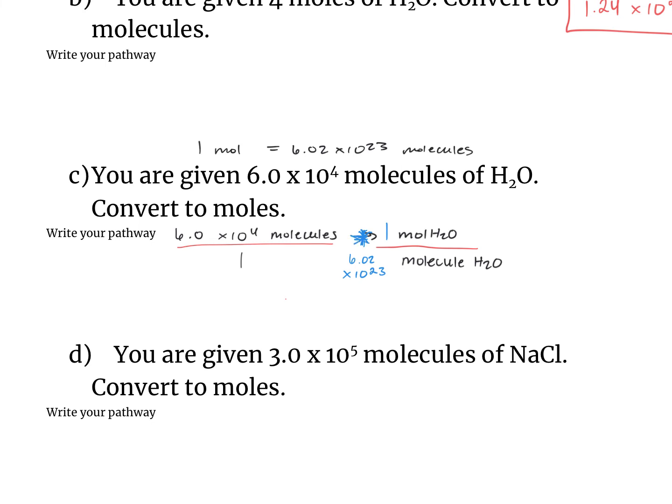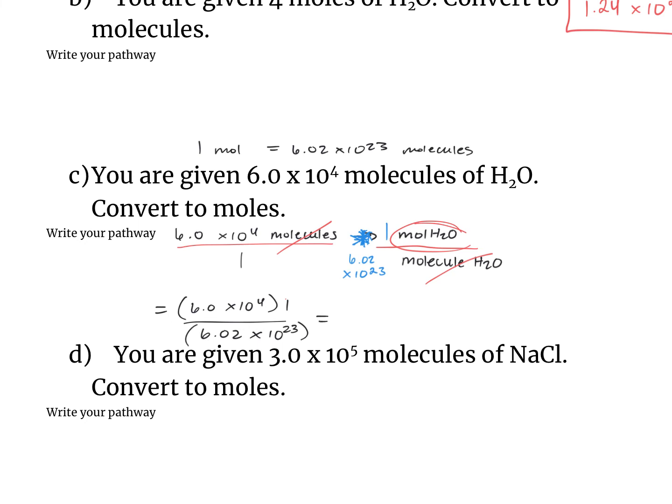I'm going to replace that arrow sign with a multiplication sign. That looks really messy. But whenever you multiply it out, your units cancel out and you're left with moles. So it's going to be 6.0 times 10 to the 4 multiplied by 1 over 6.02 times 10 to the 23.